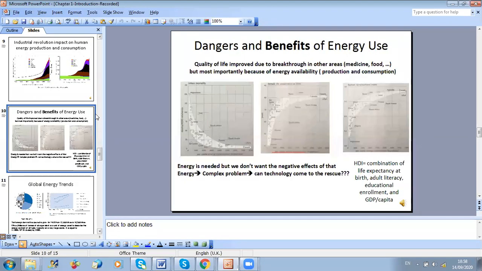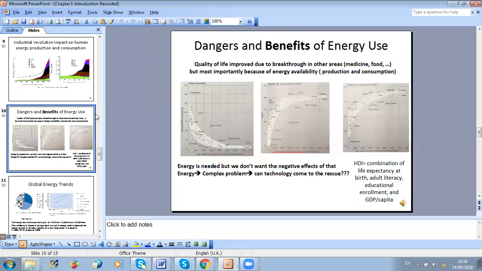Now, it's true that with advances in technology and energy production, the quality of life improved a lot due to the breakthrough of other areas, because technology will lead to advances in medicine and food and a lot of issues. Okay, but we should also take into consideration the negative effects on the environment.